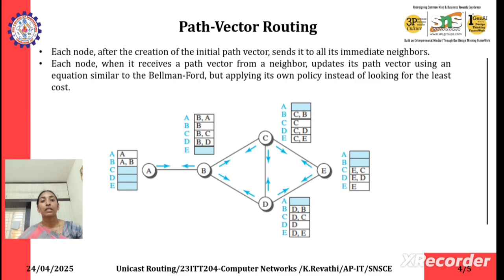The autonomous system is nothing but data transmission within one network, and going from one autonomous system to another means between two networks. Either it can be a LAN, WAN, or PAN.